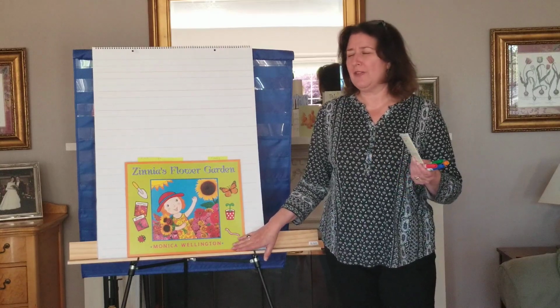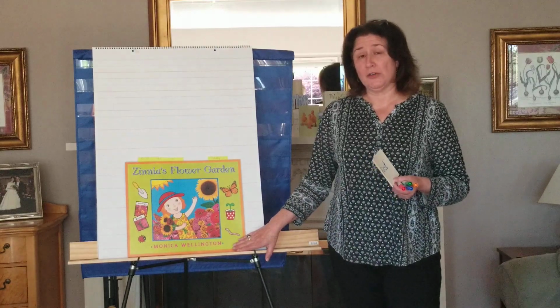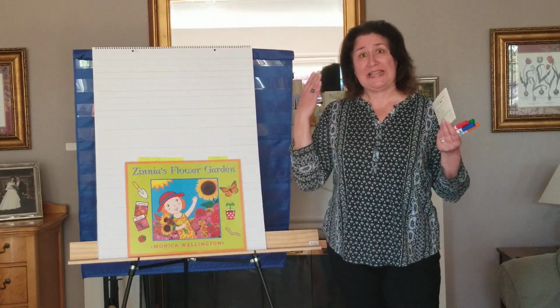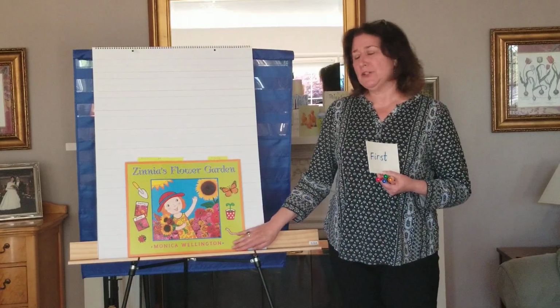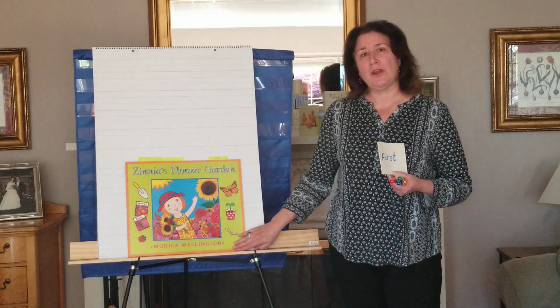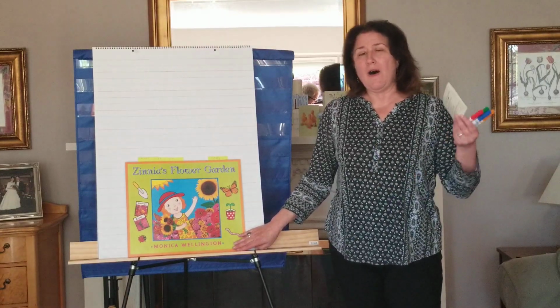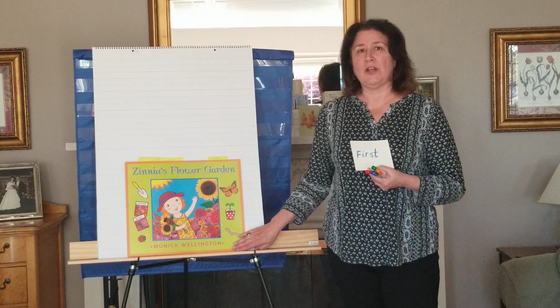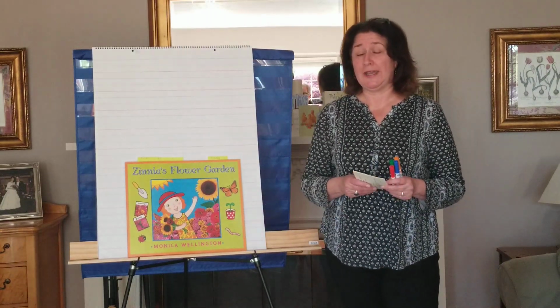Remember, way back in the fall, we talked about how authors, writers of stories, have to have an idea, something that really excites them. And Monica Wellington thought it would be really cool to show and talk about all the steps that go into making a garden. And she does that beautifully in this book. I really like it.